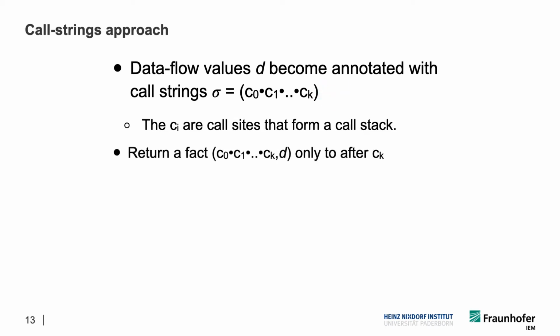Now, if you need to return a fact into the caller procedure, because this fact D has been extended to a tuple that comprises not just the fact itself but also this call stack, when you return that fact to its caller, you can simply look at the stack and see that your top stack frame is CK, and therefore you know that your immediate caller was this call site CK.